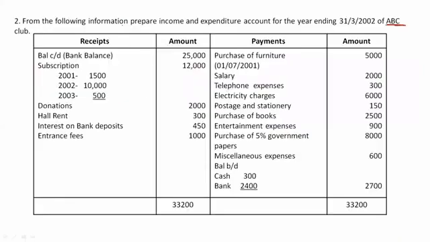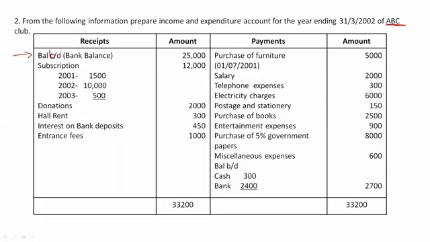Now come back to question and keep checking each item, and see which all items we need to take in income and expenditure account. First of all, in the receipt side, we have balance brought down, that is bank balance. So basically opening balance of bank is given, so it is not required here.